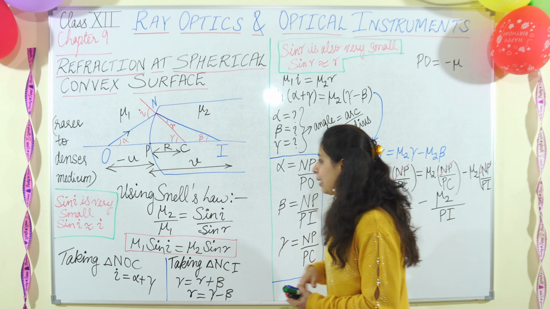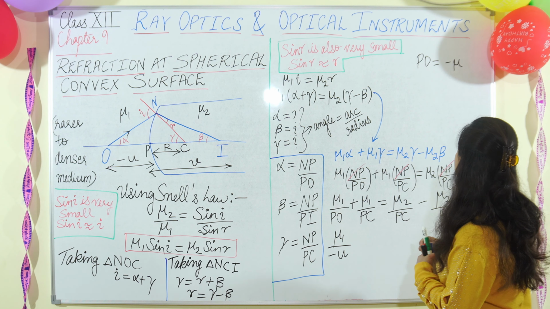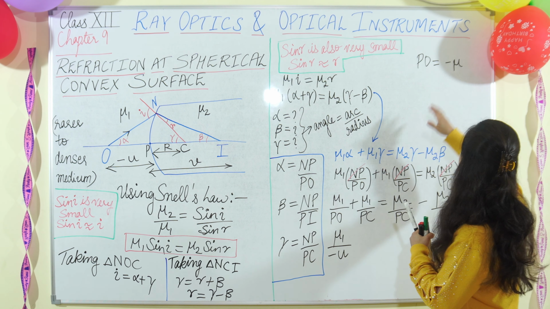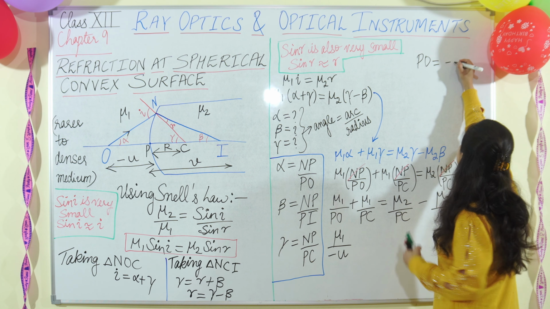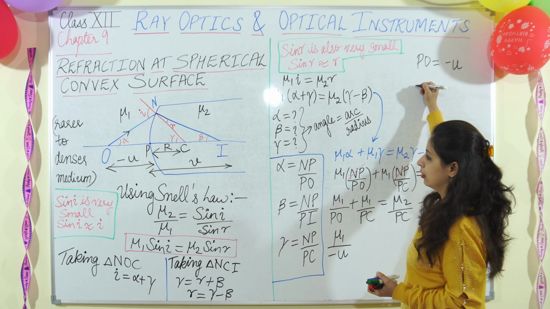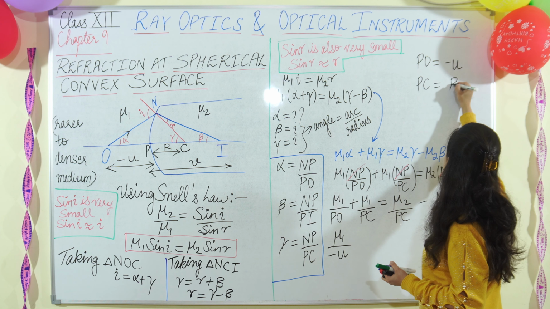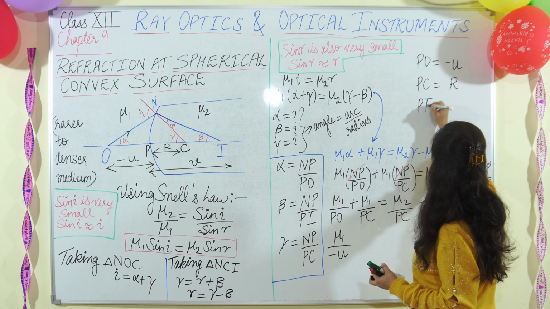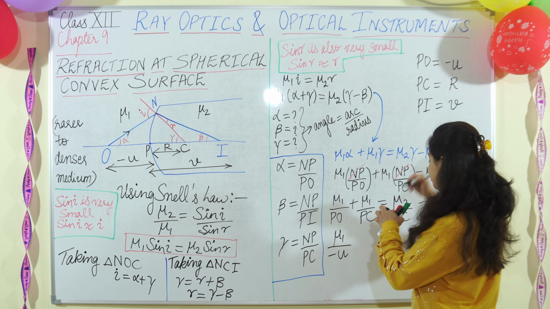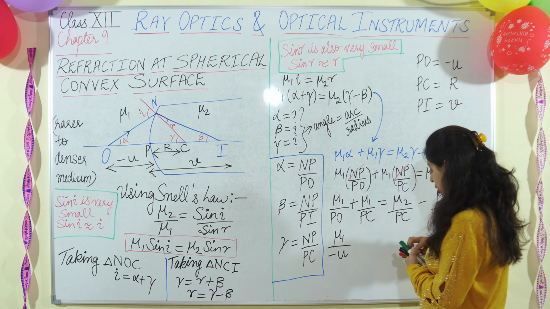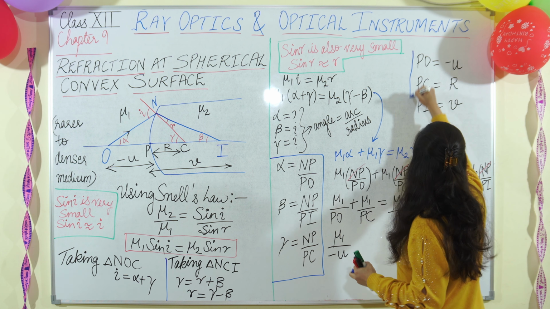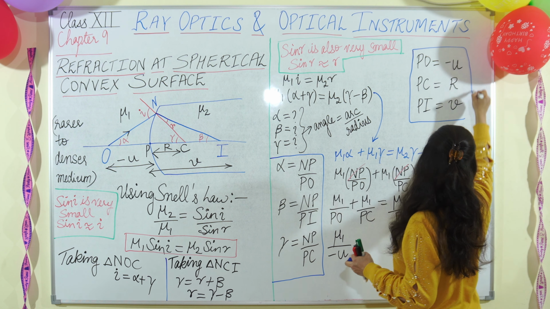So it will be plus V itself. So PO is minus u, PC is equal to R and PI is equal to V. So let us put all the values in our equation.